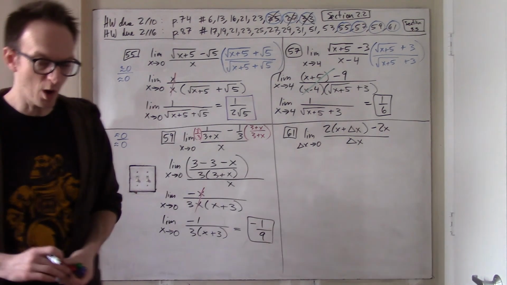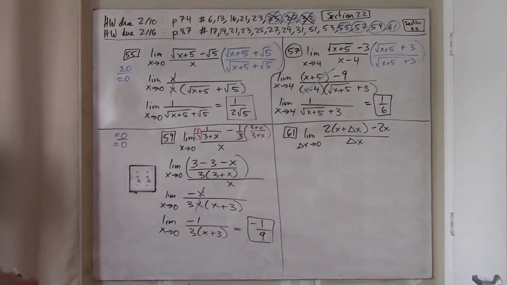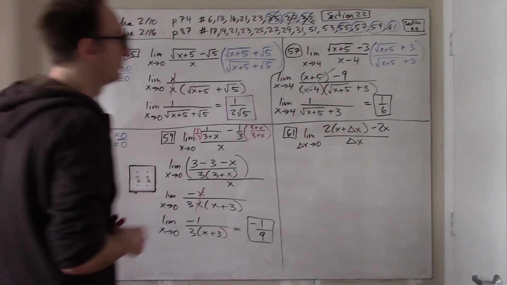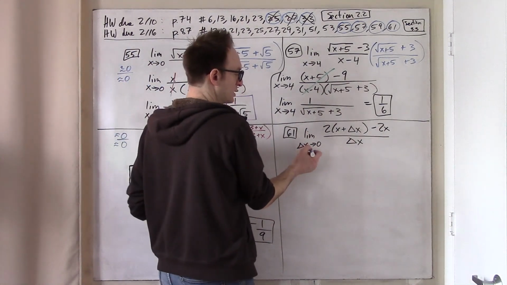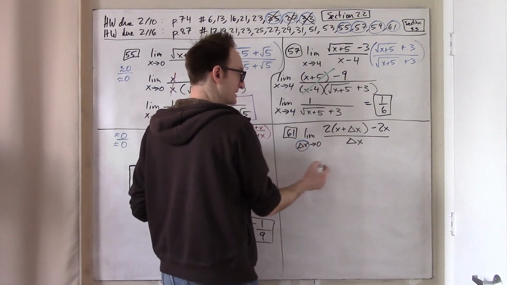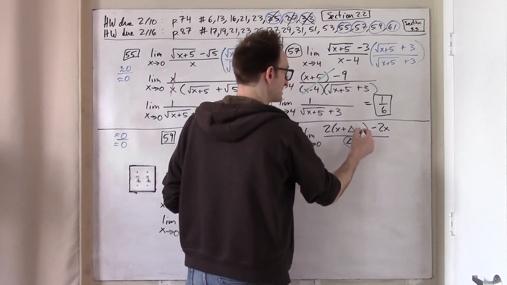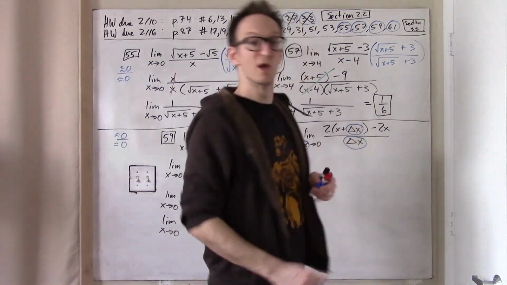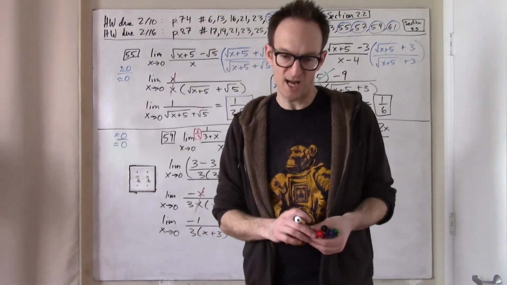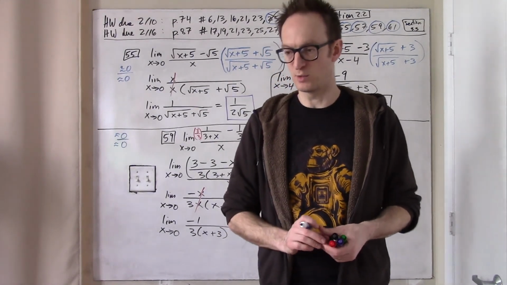And 61 is actually a very easy problem, but something I've noted in the past is that students got confused, because it is kind of confusing, which is that your book wants you to get used to this delta x thing as being its own special symbol. So don't decompose it in any way, or overthink it.